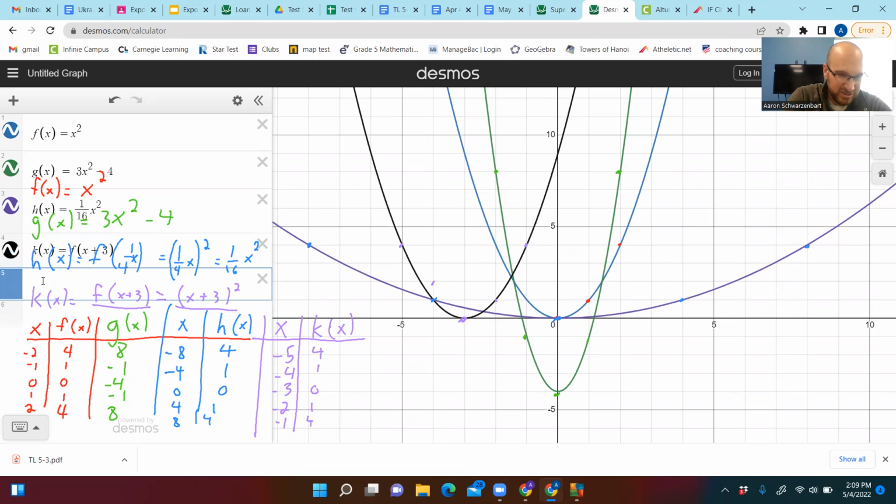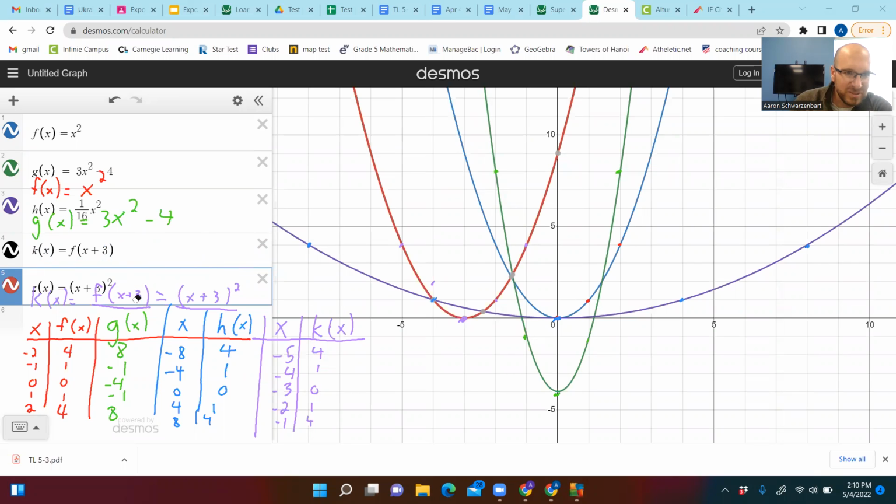I'm going to put another line. This will change the color of it, but I'm going to come up with a new letter, z of x. And this will end up being the same thing. And notice now my red here went right over my black. So same function. I'm going to show them to you again. I'll erase some of this stuff.